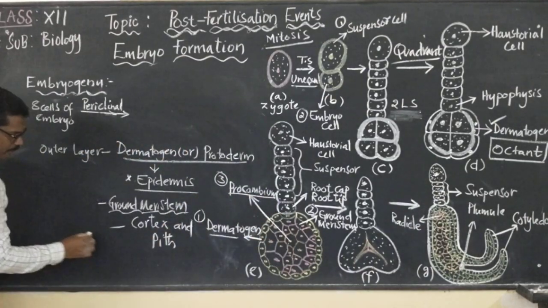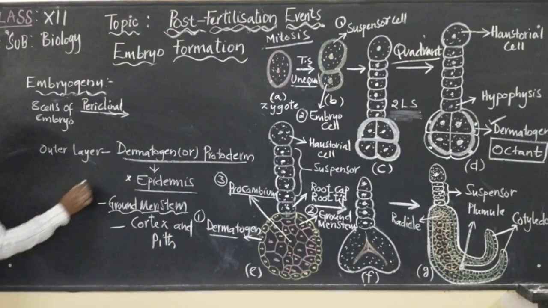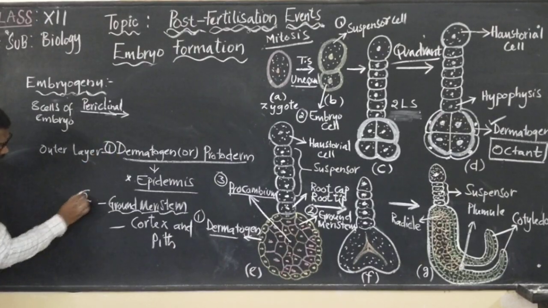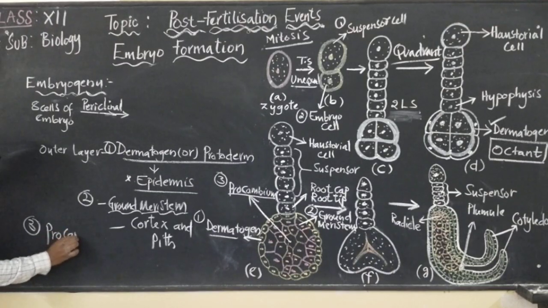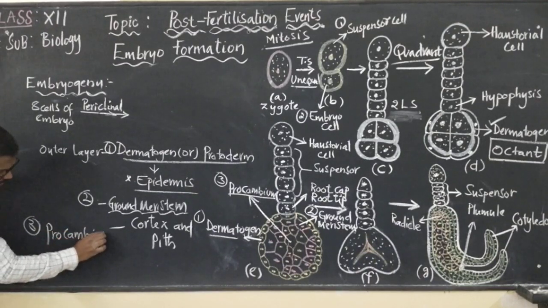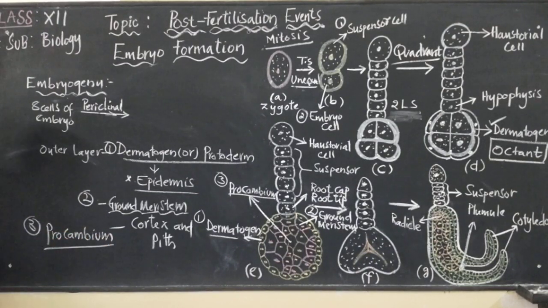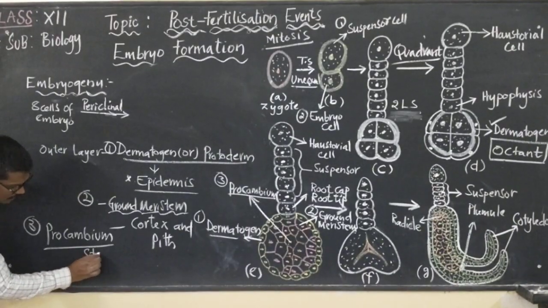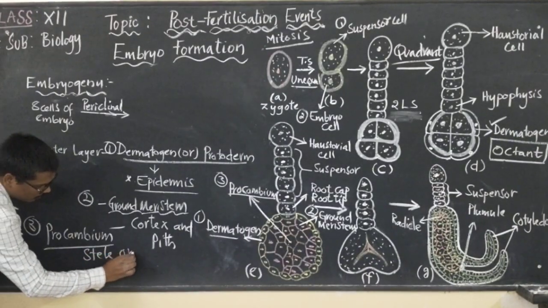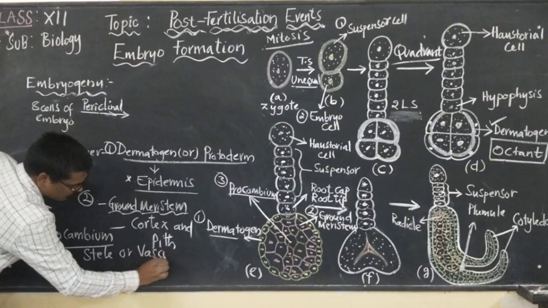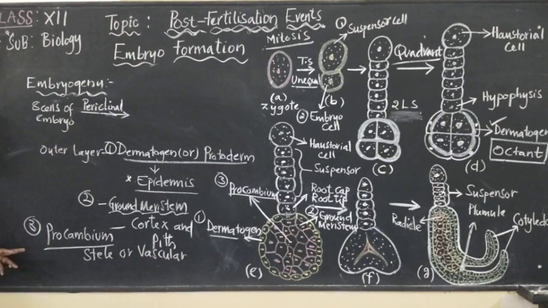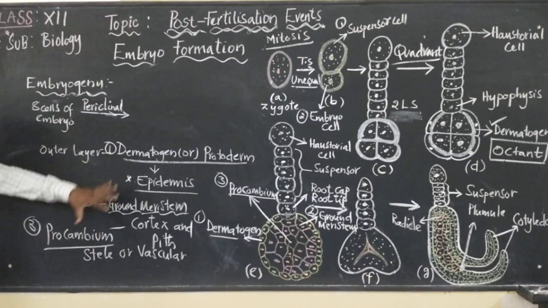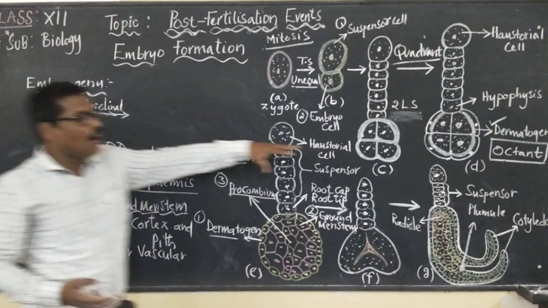Procambium. Let us say this is the first one, second one, and third one I am writing here, the procambium. And this procambium will help in formation of the stele or vascular structures. That's what we have to remember when we talk about how this octant is dividing.